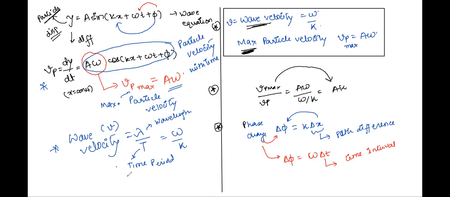So, class, let's say I am talking about a wave. This wave is given by this expression. Now let's say I talk about 2 points. This is one, this is two.